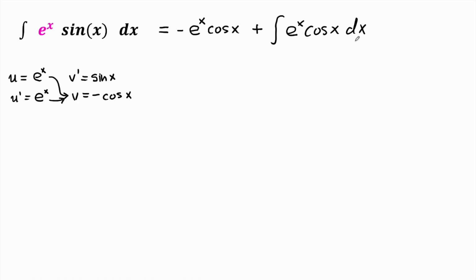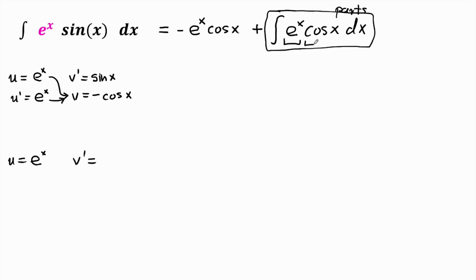And we'll integrate this integral also by parts. So to integrate this, let u be again the exponential function e to the x, and let v prime be the cosine function now.